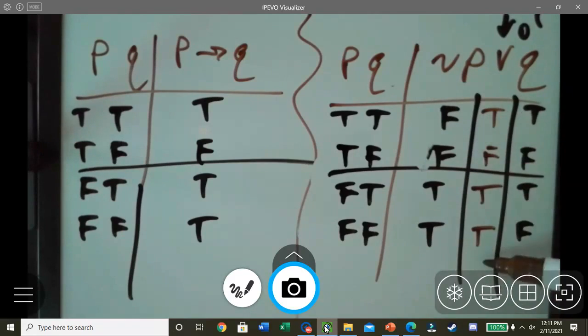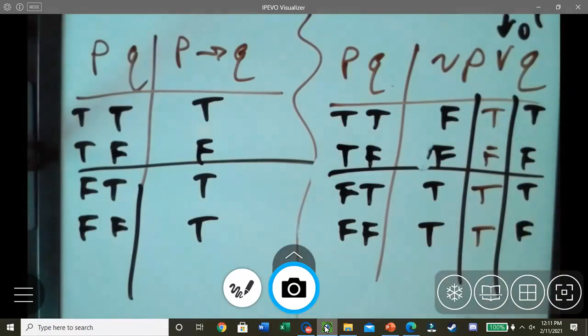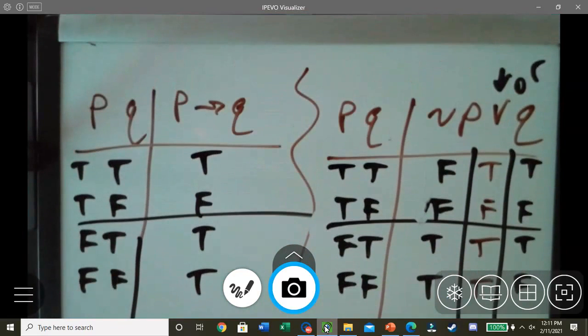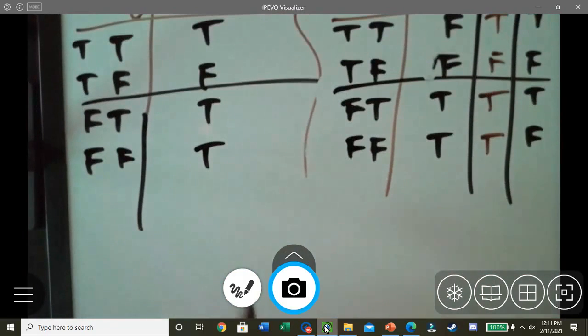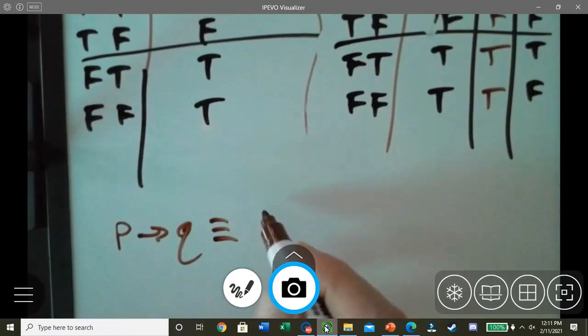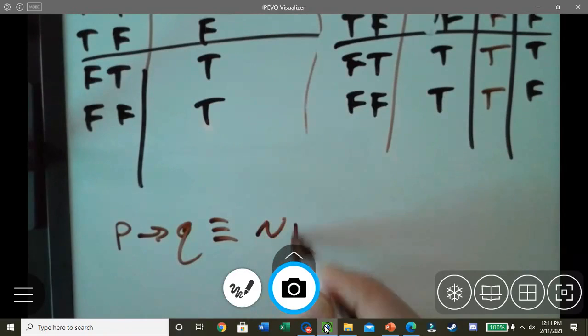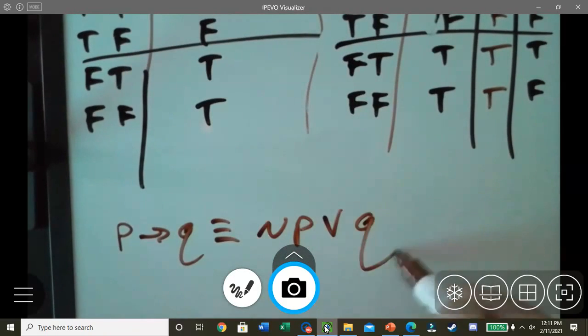So true, false, true, true, true, false, true, true. Are they equivalent statements? Yeah, they are. So we can say that if P then Q is equivalent to not P or Q. Okay? Questions there?